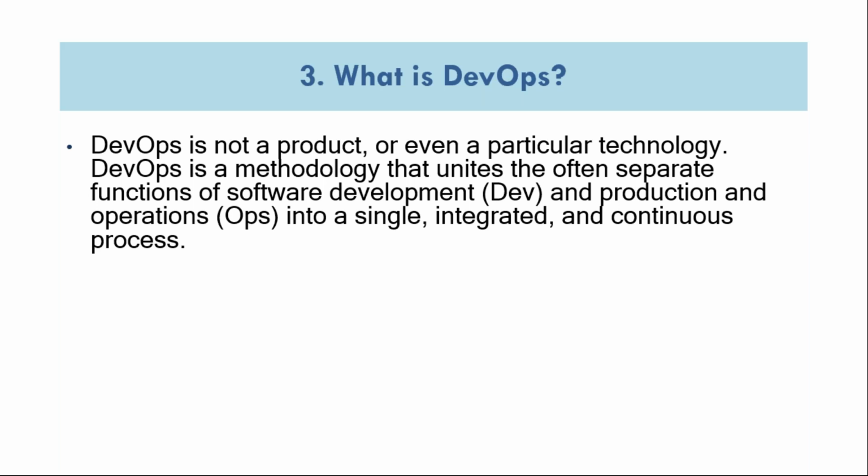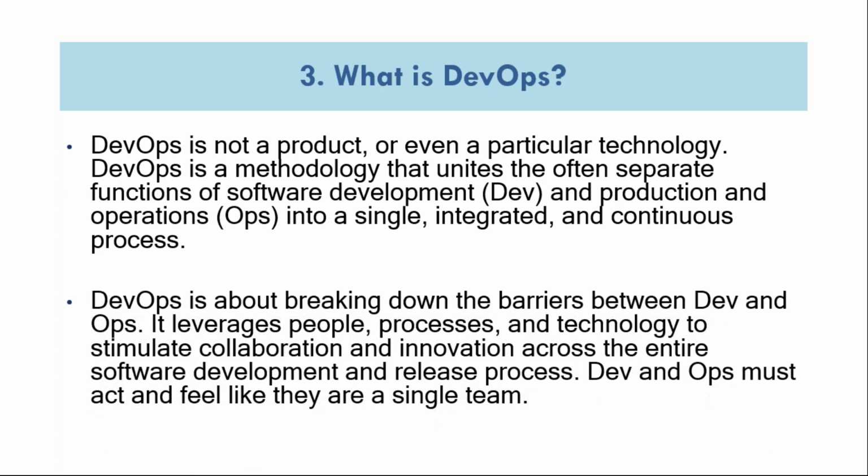You are going to monitor a huge number of servers or services, which we are going to call operations, into a single integrated and continuous process. In DevOps, we focus on continuous delivery, continuous deployment, continuous integration. So this word continuous is a very, very important area where we always look.